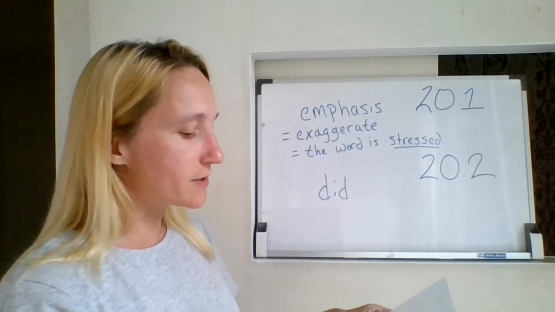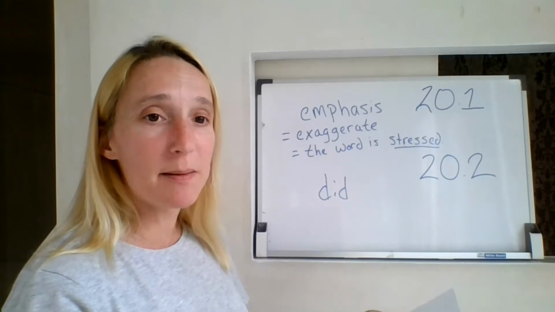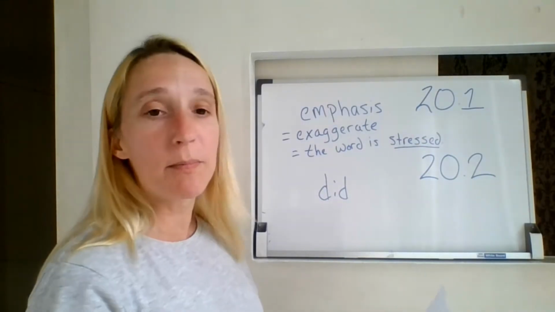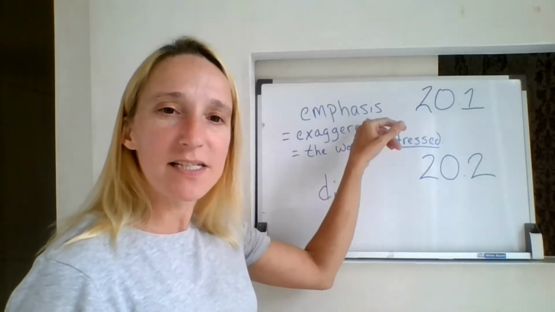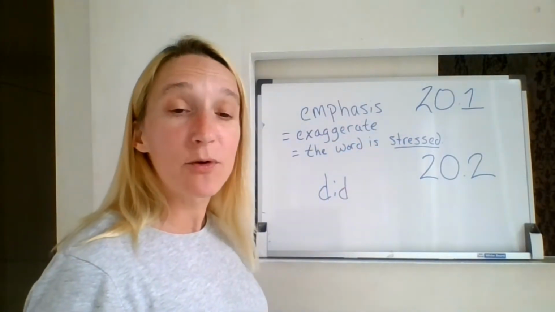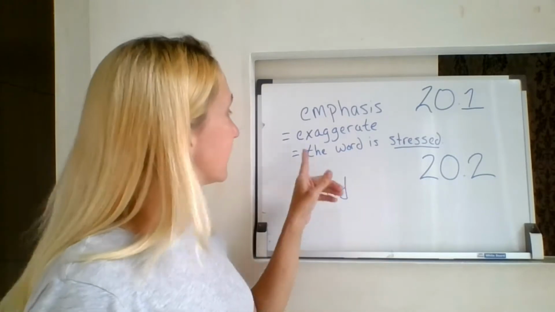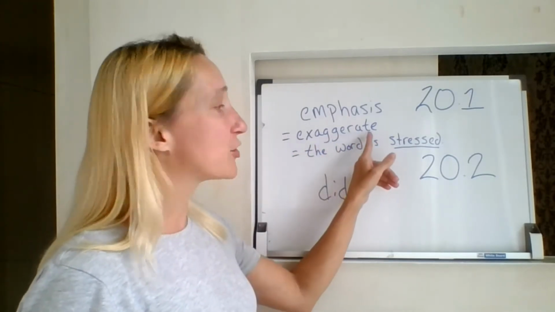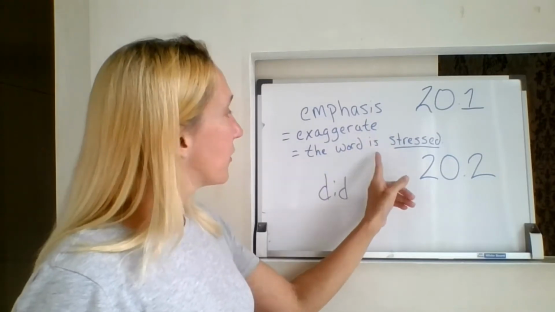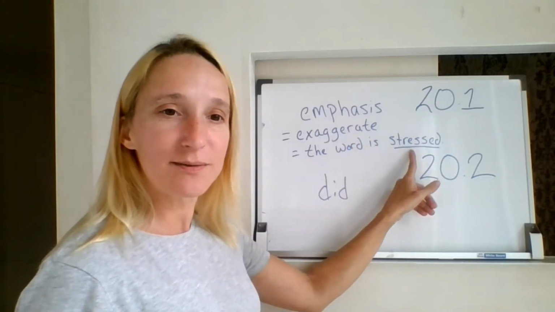It's useful for describing past events and memories. So I want you to think of a couple words there. We use the word emphasis, which means, if you haven't learned that word yet, to exaggerate. So when you exaggerate a word, you're going to stress that word.